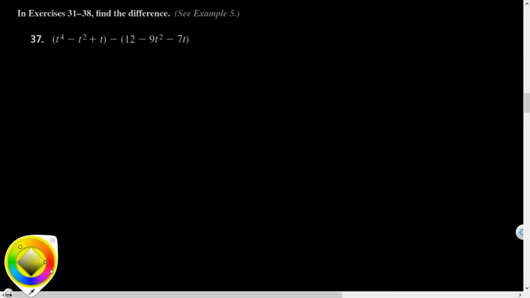Okay, so subtracting polynomials, it's going to be the same idea. I'm going to change this to addition and distribute the minus sign, opposite-ing everybody inside. So if I change this to plus, that means this 12 is now negative. That means this negative 9t squared is now positive, and that this negative 7t is now positive.